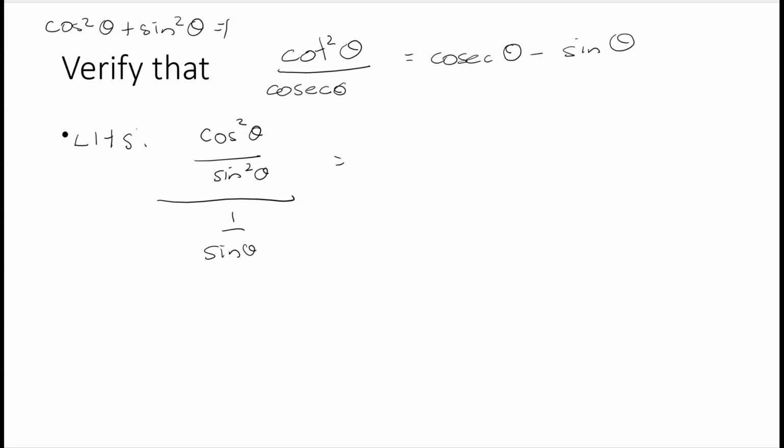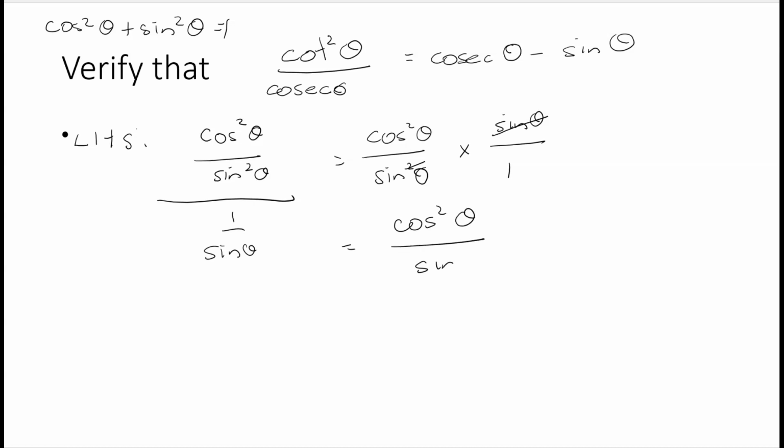So that's a fraction divided by a fraction, so we need to flip and multiply. One of those cancels out with one of those, so we're left with cos squared theta over sine theta. Well, maybe that's as far as we can go on that side.